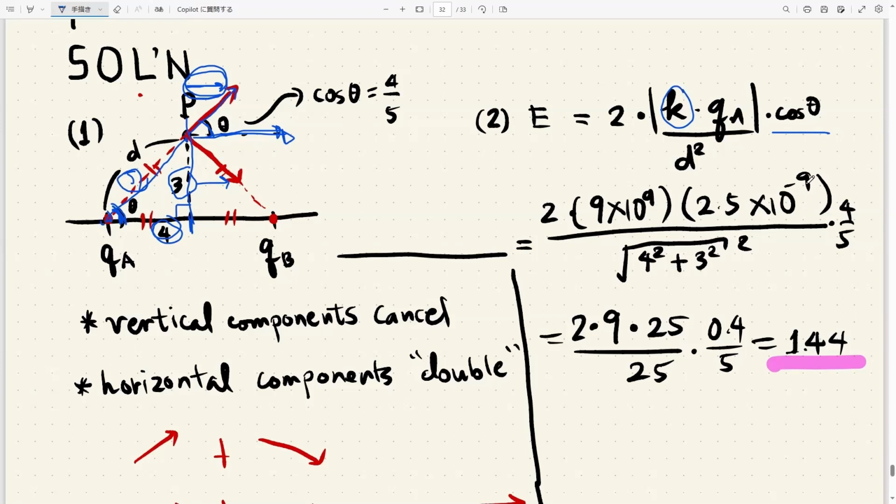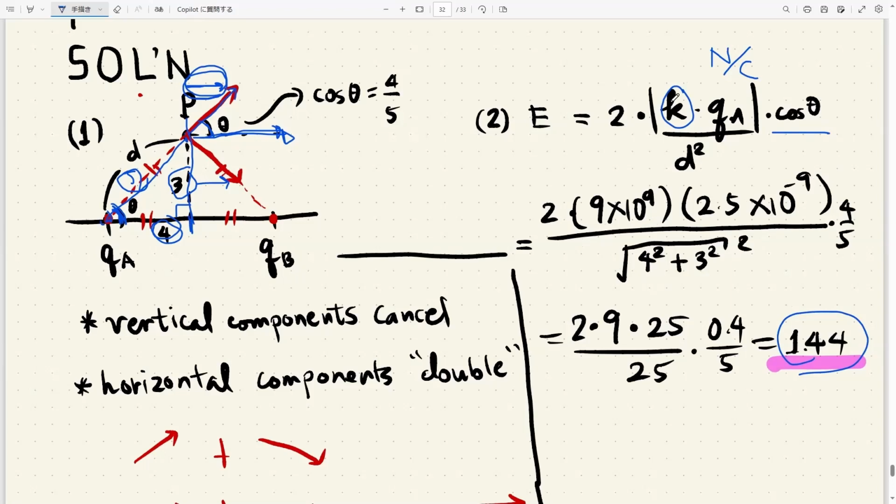QA is 2.5 times 10 to the minus 9th. And we already computed D, which is 5. And here cosine theta is just 4/5. So we replace that and we do the computation. You're going to get 1.44 Newton per meter, right? Is it Newton per meter? Hold up. That's force per charge, so that's Newton per Coulomb, right?